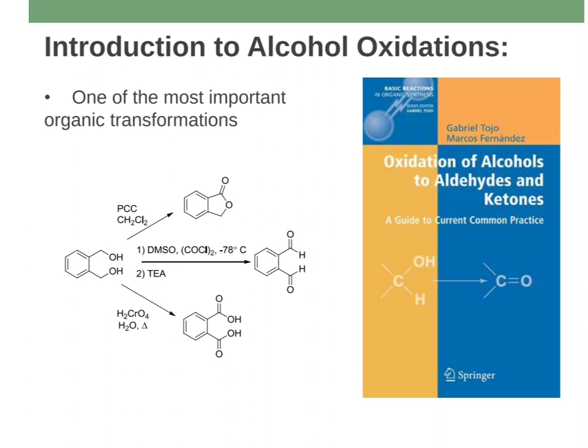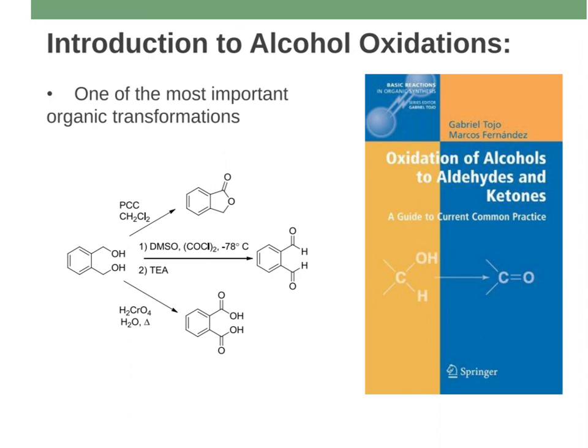For example, I was trying to turn this molecule here into this molecule here, and it took me months to figure out how to do it. I tried everything. I tried normal stuff like PCC, which we'll talk about later, which did not give me what I wanted. It gave me this weird cyclic ester thing.